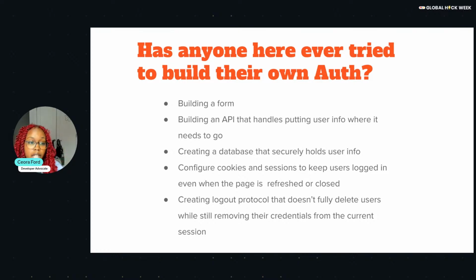And so because you're creating this API that handles that data and moves that data where it needs to go, you also need to have a database that securely, keyword securely, holds this user information, because we're usually talking about important or sensitive information that also guards even more important information.